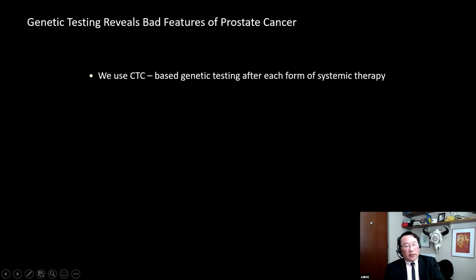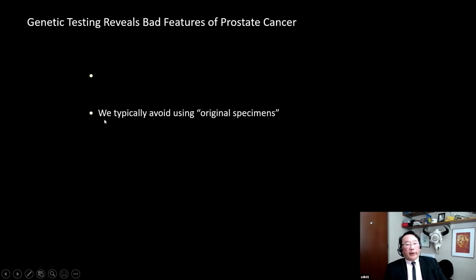If you then failed Zytiga, we check the genetics afterwards. The reason you check the genetics after every form of systemic therapy is because, like I said, the cancer mutates. And you want to look at what is the most recent mutation so that you can treat the cancer with the best agent possible.